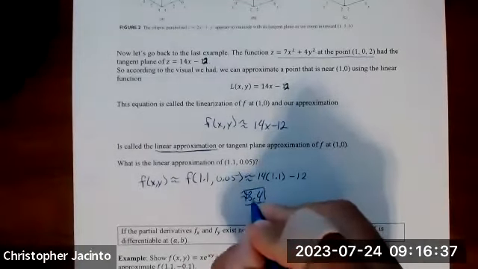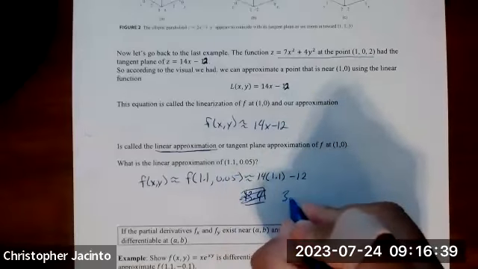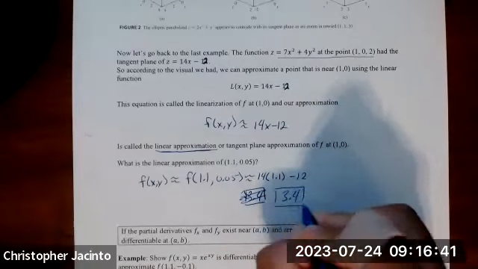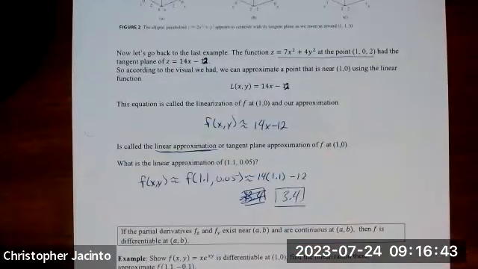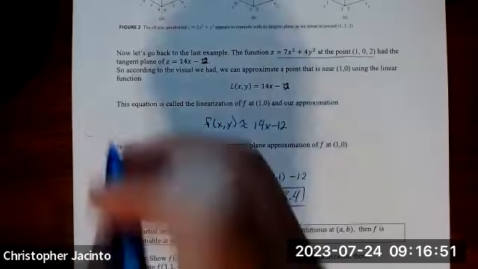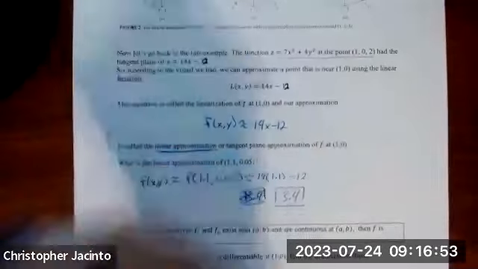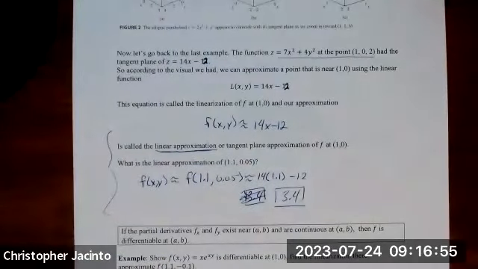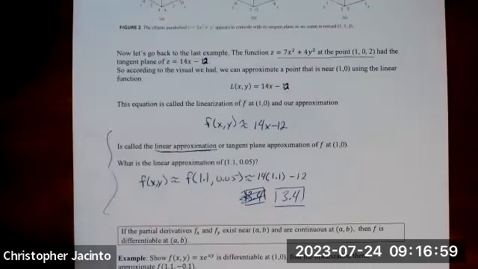We get approximately 3.4. So this is what this section is all about: finding a linear approximation for the surface and then evaluating values very, very close to it.